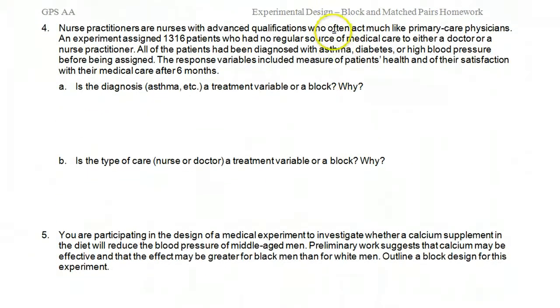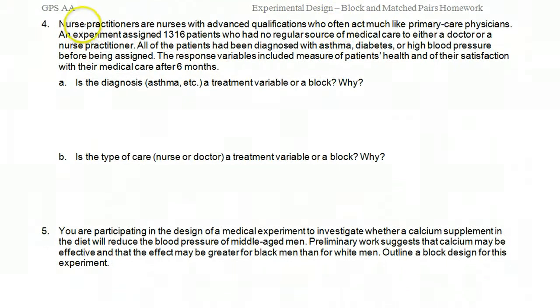All right, let's go on to problem number 4. Nurse practitioners are nurses with advanced qualifications who often act much like primary care physicians. An experiment assigned 1,316 patients who had no regular source of medical care to either a doctor or a nurse practitioner.